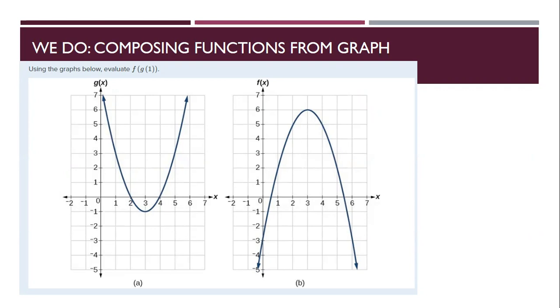Okay? So here we have f of g of 1. So I'm going to start at 1 on graph g. So this is graph g. Do we see that on function g? So if I go to 1, what do I get?